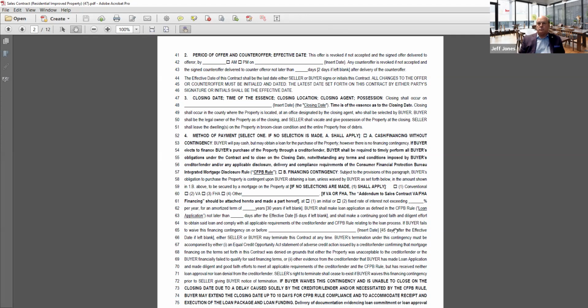And notice that if it goes beyond that date and the buyer has not waived their contingency, that either seller or buyer may terminate this contract at any time. So what's happened is I'm 40 days in, 45 days in, and I still don't have a loan approval.